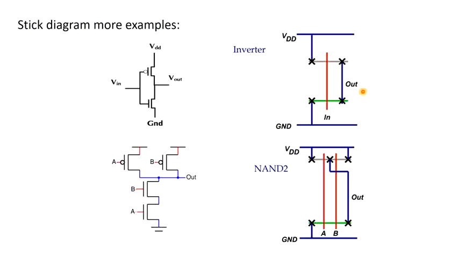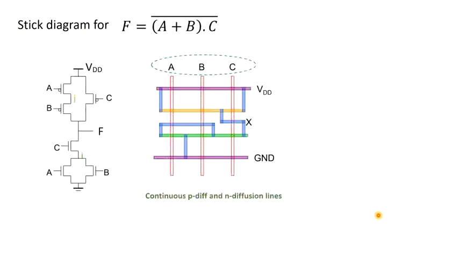Now, if any other Boolean function has been given to you, can you draw its corresponding stick diagram? For example, let us see this Boolean function, F equal to (A + B.C) whole bar. So this is the circuit representation of this Boolean function using CMOS.